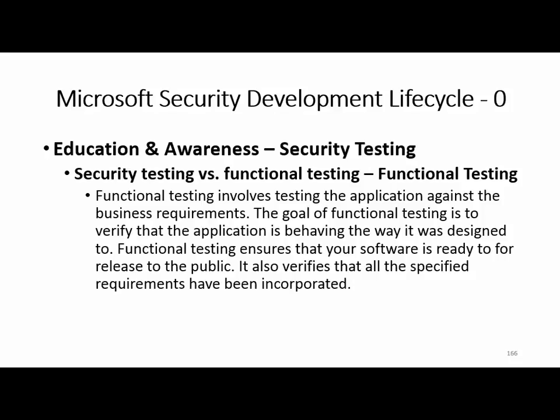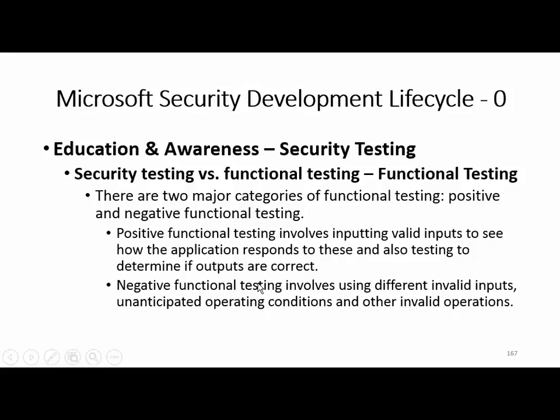All right, security testing versus functional testing. Functional testing, as mentioned here, involves testing the app against business requirements. You want to make sure that it behaves the way it was designed to behave. All right. As it says, it ensures that the software is ready to release to the public, and it verifies that all the requirements have been incorporated.